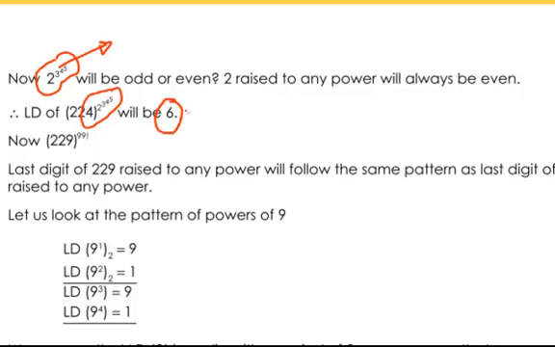Why? Because this is in effect 4 raised to an even number. 4 raised to an even number will always end in 6. Or the last digit of 4 raised to any even number will be 6. So we have found out the last digit of the third term also.